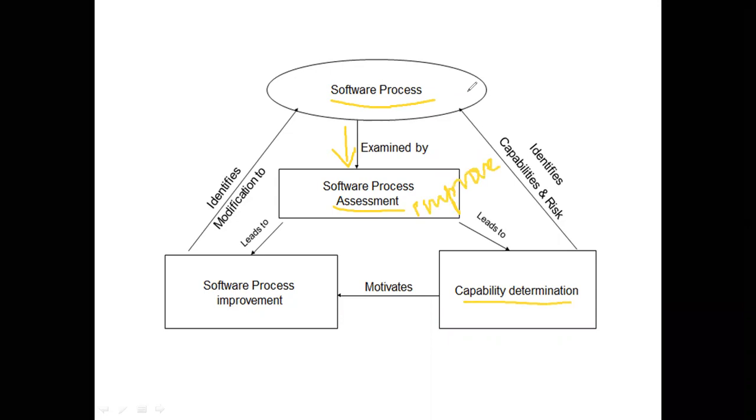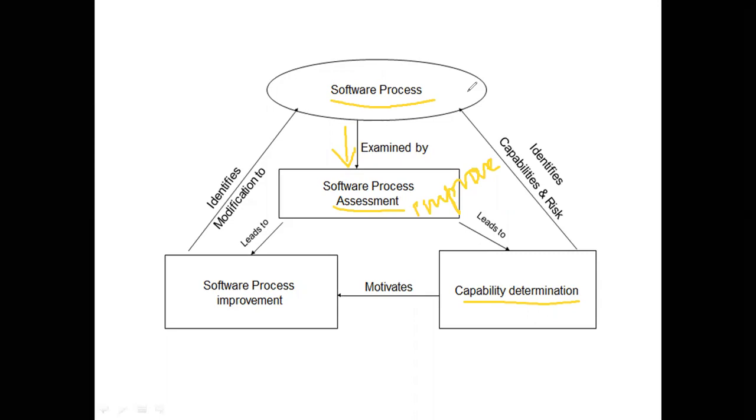That is a capability determination. That's the previous model, which level your company falls in, or which level the particular software is achieving. What are the different capability levels? The 6 levels are incomplete, performed, managed, defined, quantitatively managed, and optimized. Which phase it is going to identify.